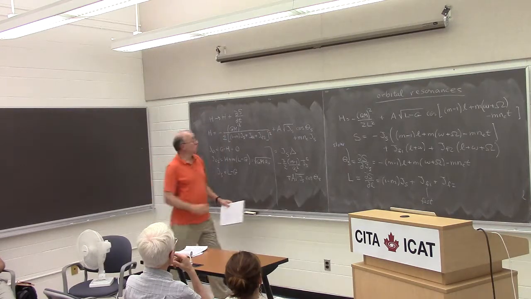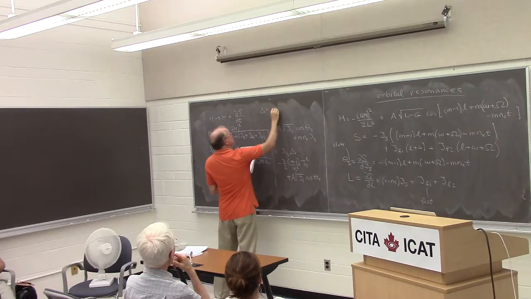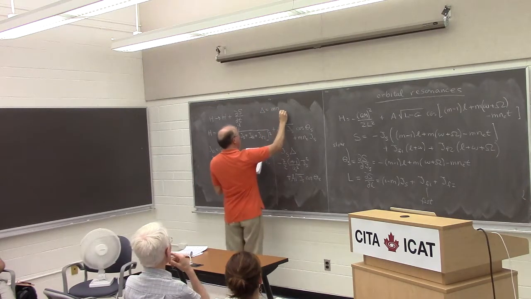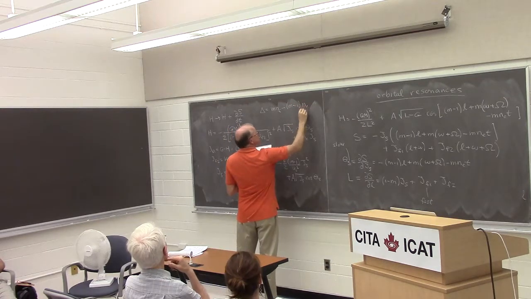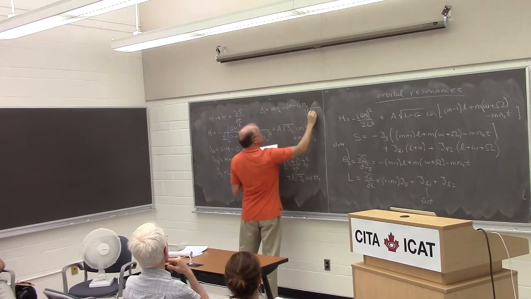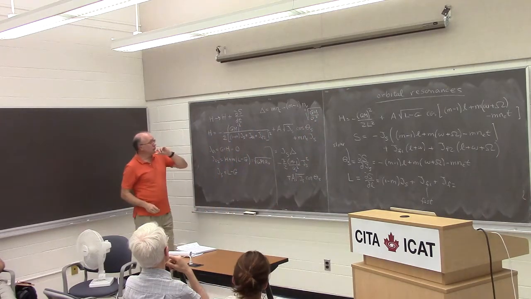And delta is m times the mean motion of the companion minus (m minus 1) n0, where n0 is the square root of GM over a0 cubed.